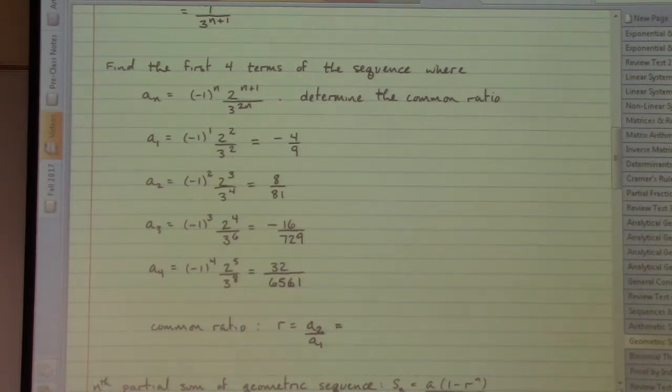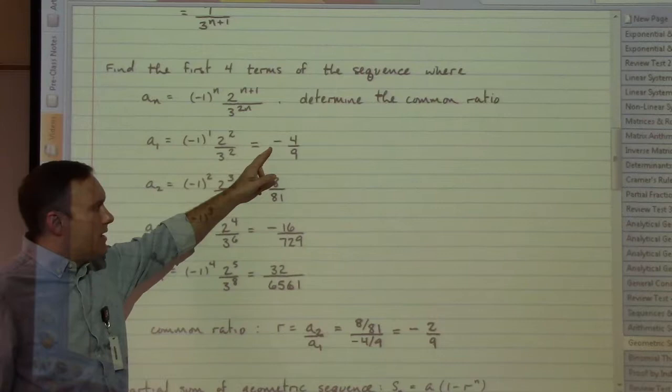And so in this particular case, that would mean that we would be looking at the 8 over 81 divided by the -4 over 9, and that would end up getting us a negative common ratio, and that would be a 2 over 9. So, let's check that out.